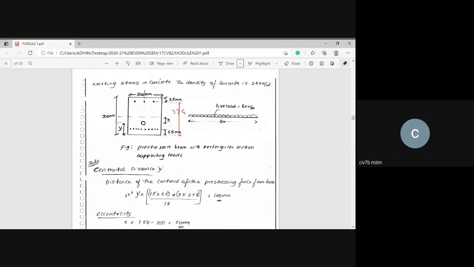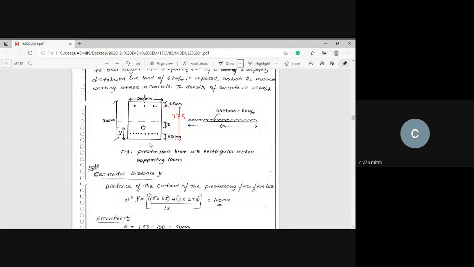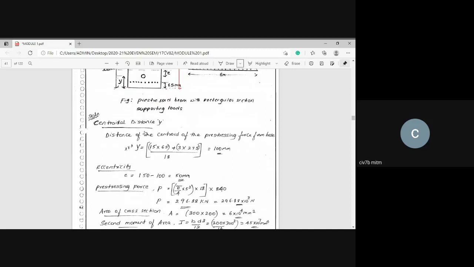So now, from the bottom of the beam at 100 millimeter, I am going to induce the pre-stressing force. Is it clear? Hence, next immediately go to the eccentricity.